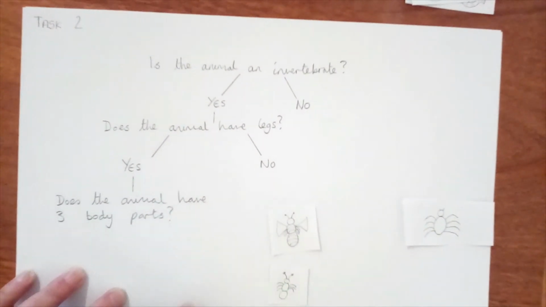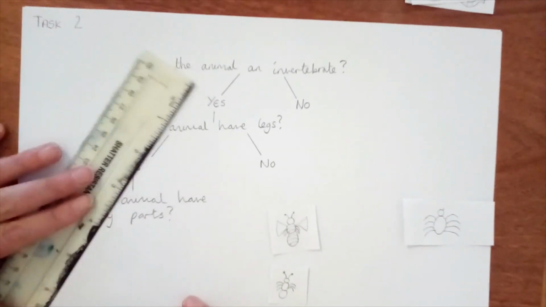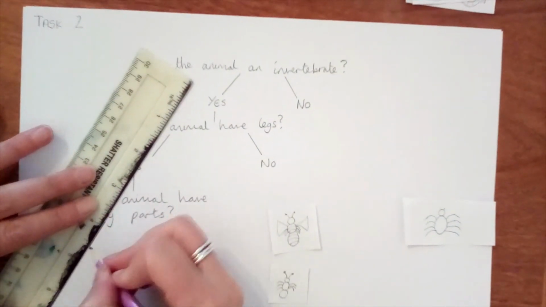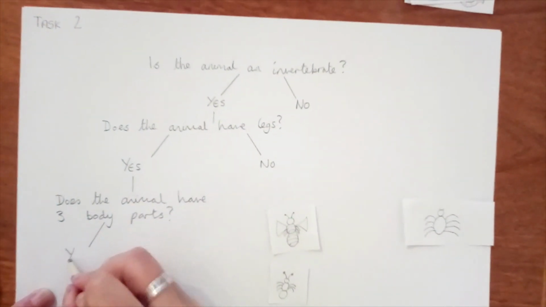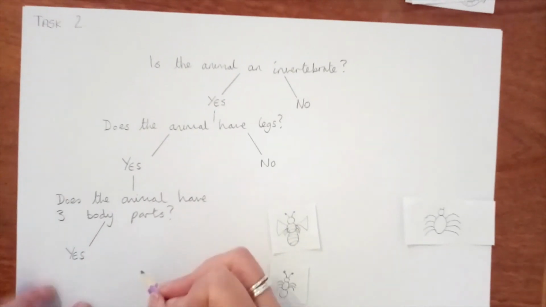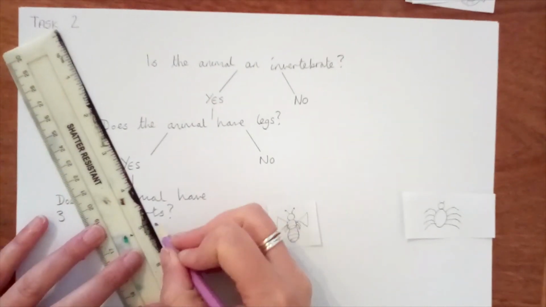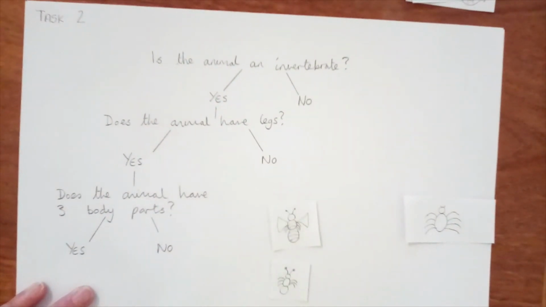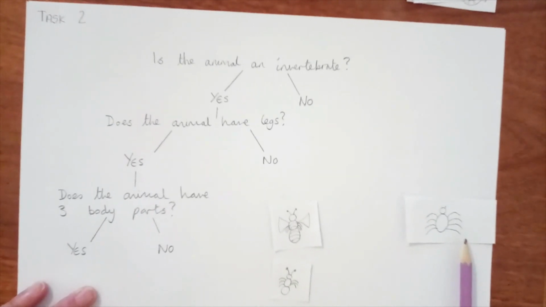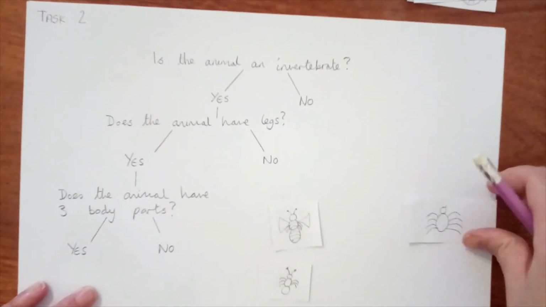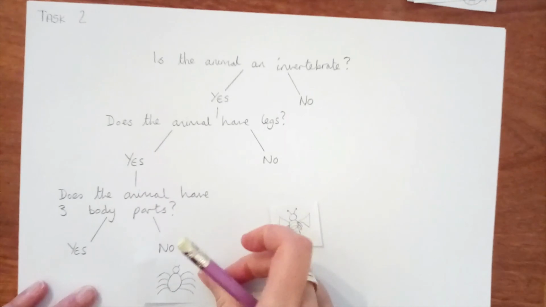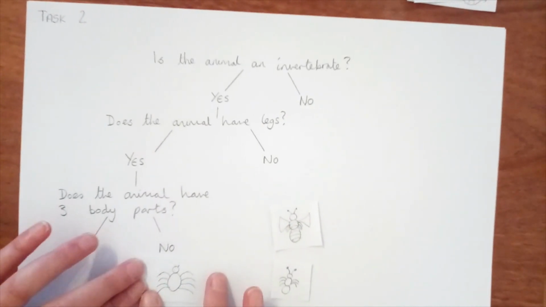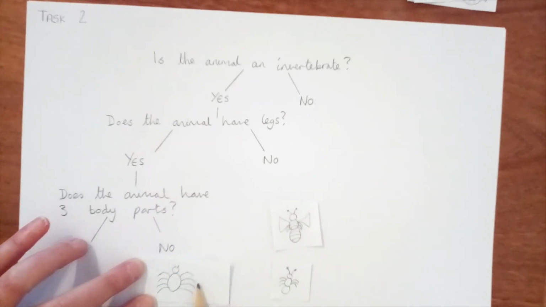Question mark. Over here I've got yes, and over here I've got no. Now, on the no side, I've only got one animal left. This means it has to be the spider. So I can either draw my picture or I can stick my spider here.